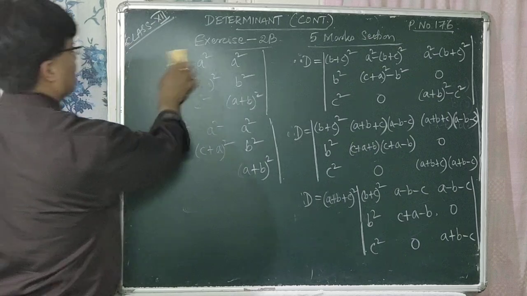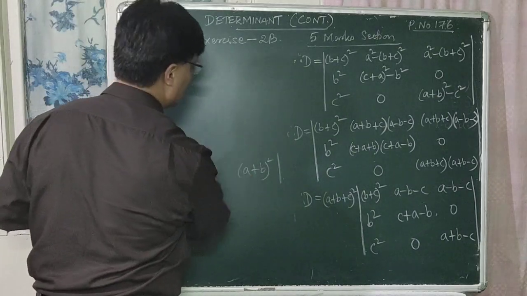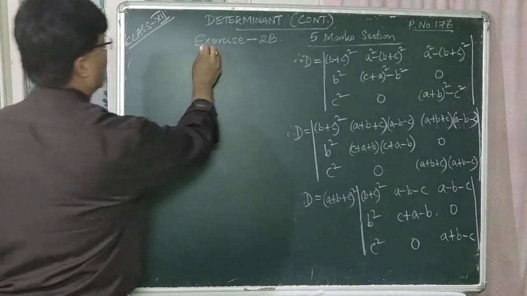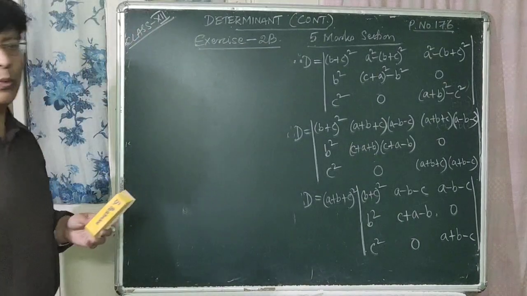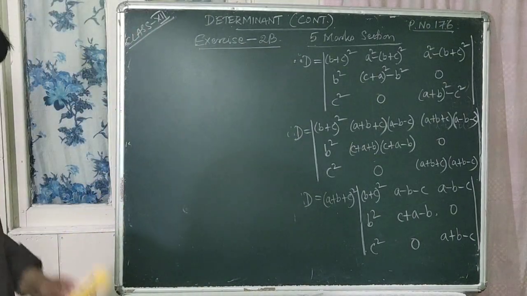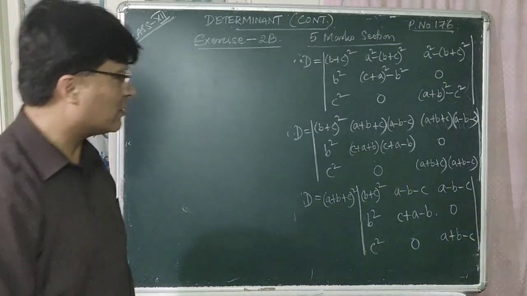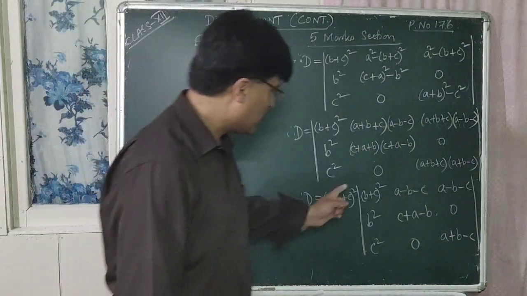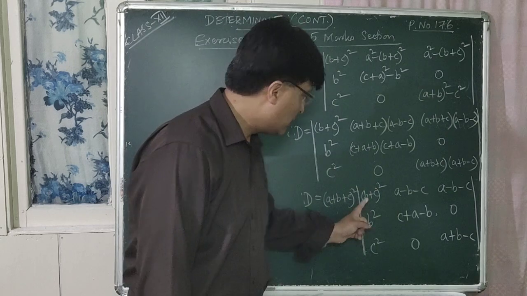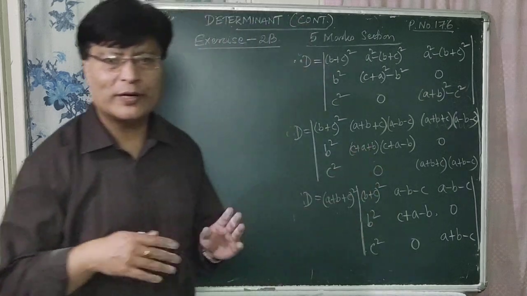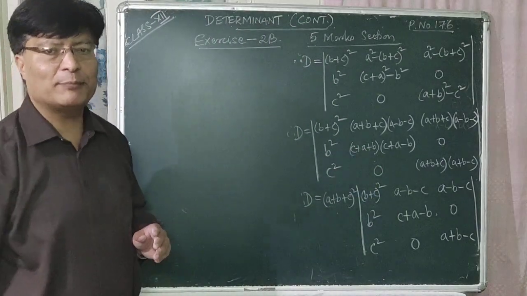Now let us simplify it. Now what will you do in the next step? So it will be easier if you expand it, B plus C whole square. What is the formula for this B plus C whole square?